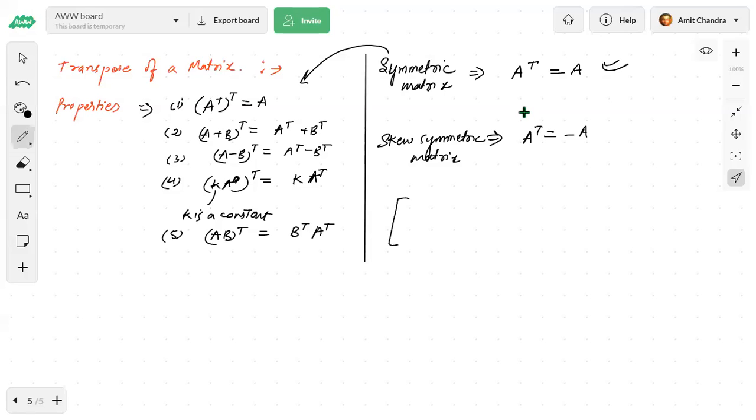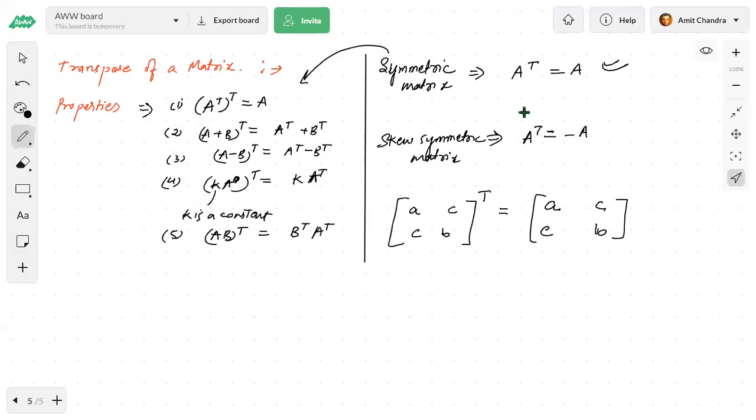So let's take a very small example, A B C D, right? If I write it as a symmetric matrix, suppose A B C C, and I take the transpose of this matrix, this will be A C and this will become C B, right? So the transpose is equal to the same matrix. And suppose it was a skew symmetric matrix.